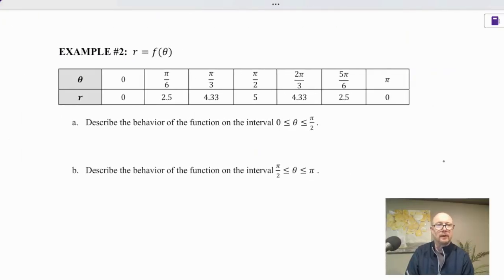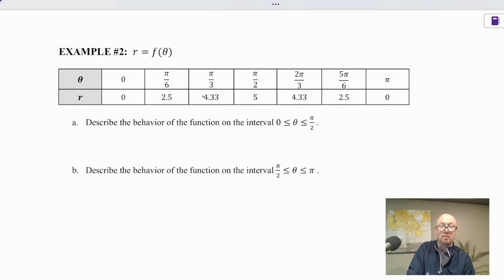Okay, let's try it using a table. So we have r is equal to f of theta. We have the values for theta and we have the values for r. Describe the behavior of the function on the interval 0 less than or equal to theta less than or equal to pi over 2. So what we first want to look at is to see if r is positive or negative on this interval.